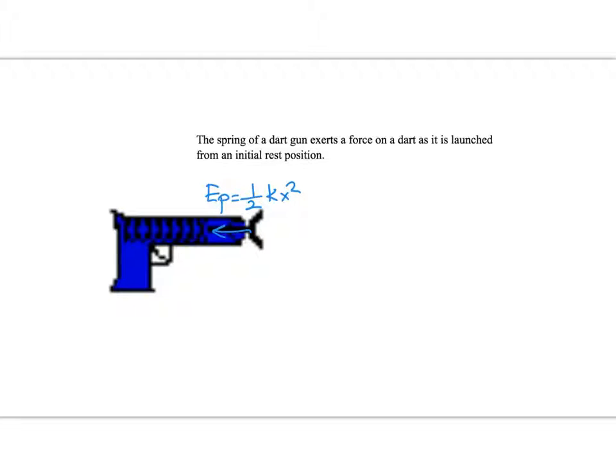So when it is launched, this potential energy is transferred into the dart, so it will have a kinetic energy which is equal to 1/2 mv². So from the conservation of energy, the potential energy deposited in the gun should be equal to the kinetic energy transferred to the dart.